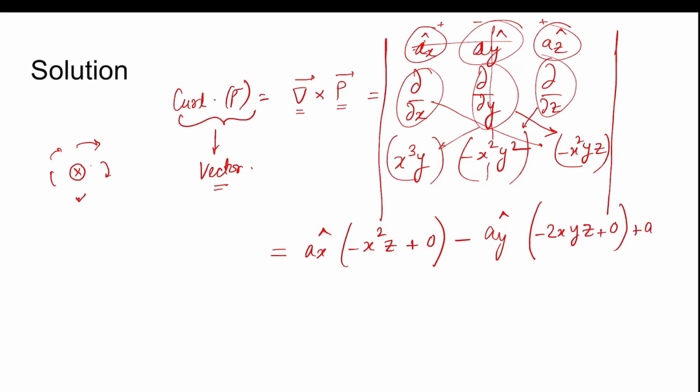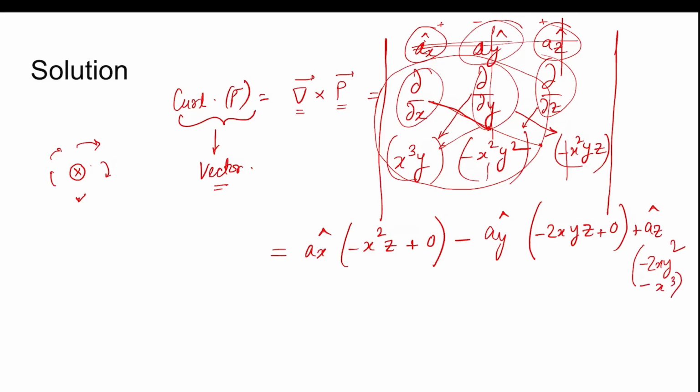And this opens with plus az hat, and when az hat opens, you neglect this row and this column, and do this multiplied by this minus this multiplied by this. So you get d/dx of minus x square y square, which is minus 2xy square, and d/dy of x cube y, which is minus x cube.